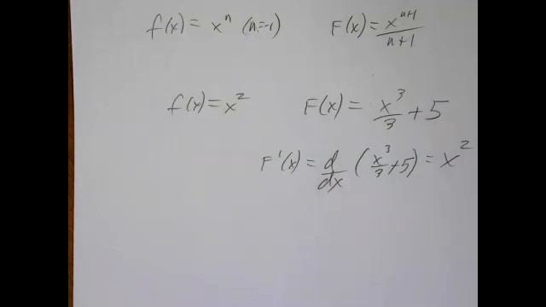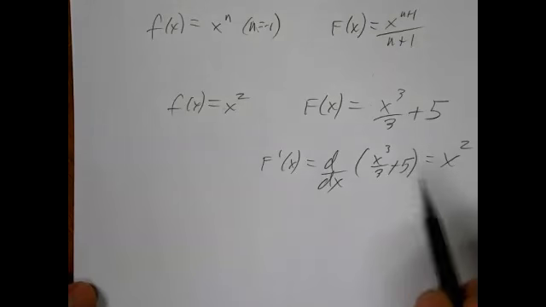So the terminology that you're going to see is that, at least for the time being, and it's actually not going to be a short-term thing, when they ask for an antiderivative, they will ask for the most general antiderivative.